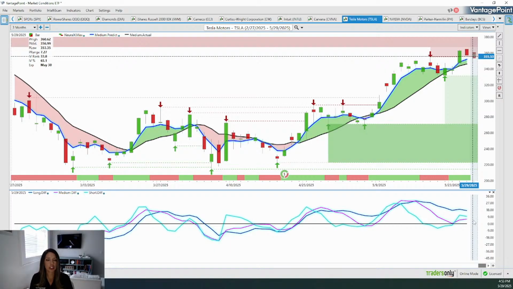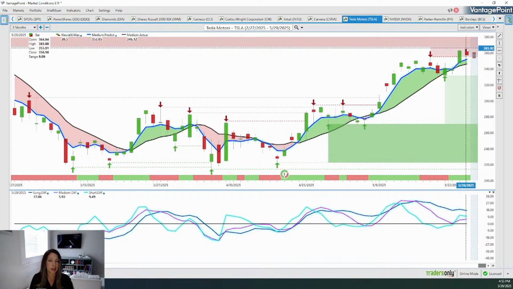Now, a little bit of caution here, because we do see the predictive differences not trending up. We've got one going up and two going down. With two out of three going down, we may experience some shorter term pushback from that upper resistance level near the 366 level.